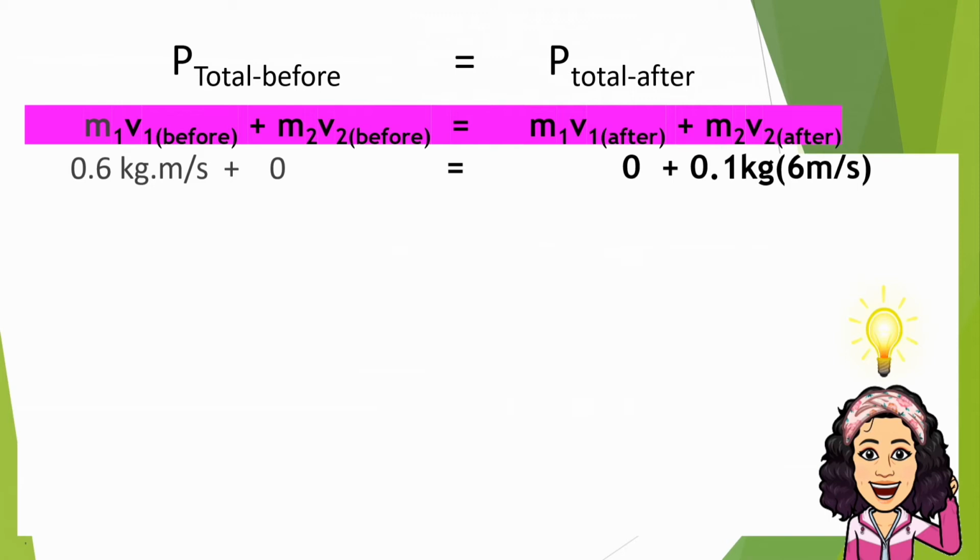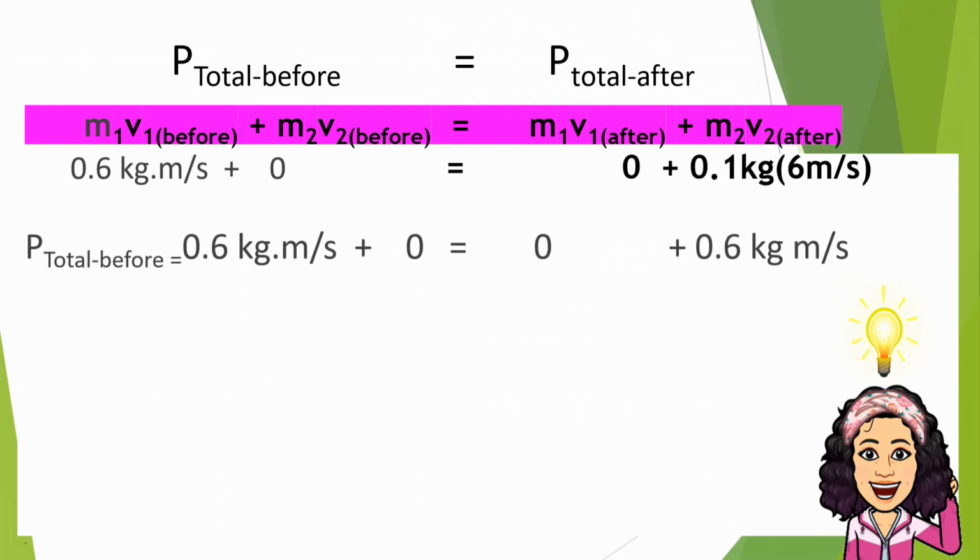So, substituting that, though we have already computed for the total momentum before, we still have here 0.6 kilogram meter per second plus 0 because ball number 2 is at rest. And then after collision, m1v1 is 0 because the first ball stopped, plus 0.1 kilogram multiplied by 6 meters per second, which is the velocity of the second ball after collision.